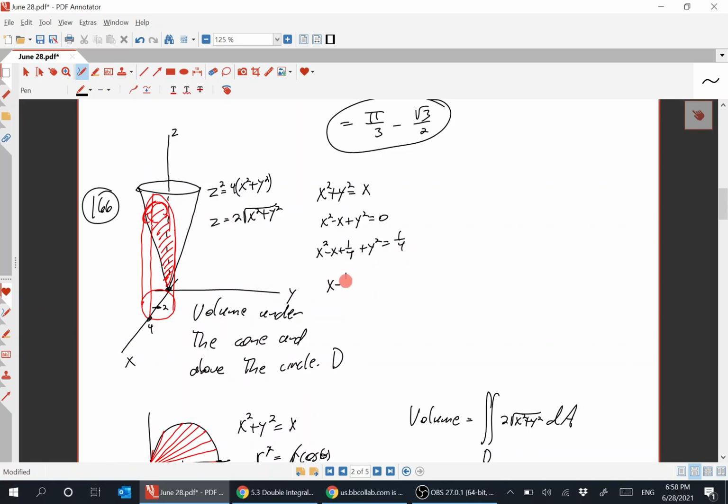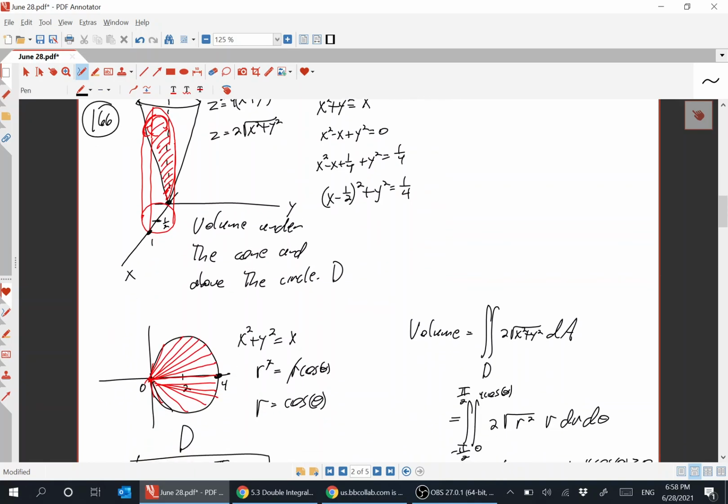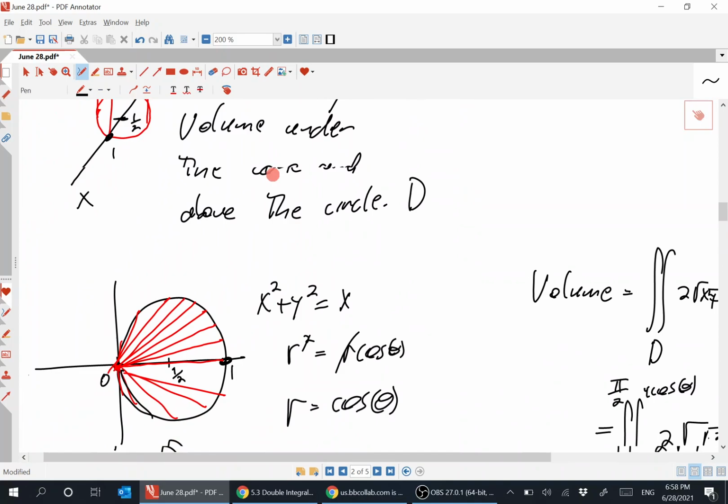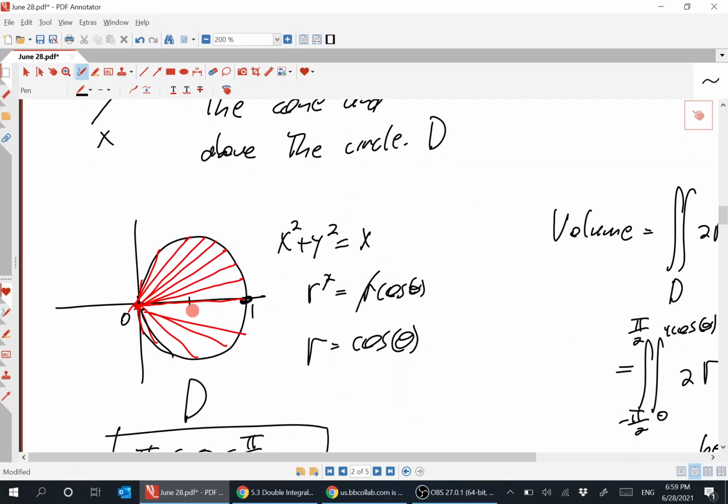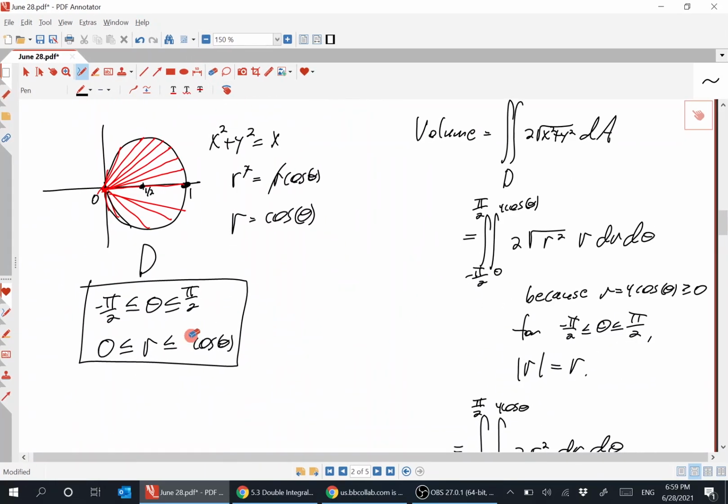So this is x minus 1/2 quantity squared plus y squared equals 1/4. So this is the circle centered at 1/2 with radius 1/2, which is fine. It's the same kind of setup. So now the description is just like that.